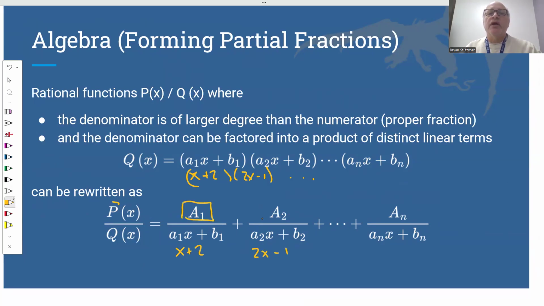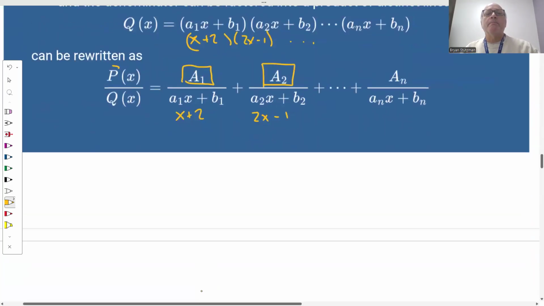And our objective is, how are we going to find these constants?